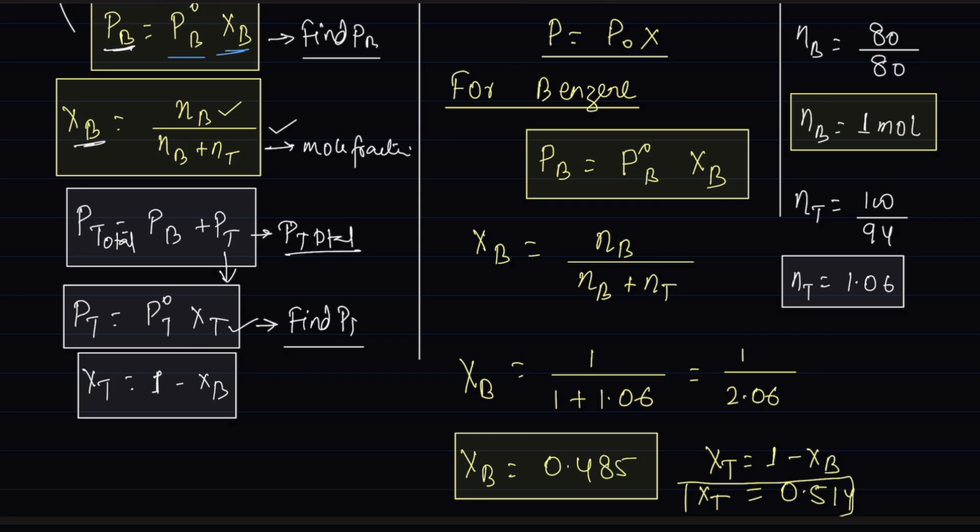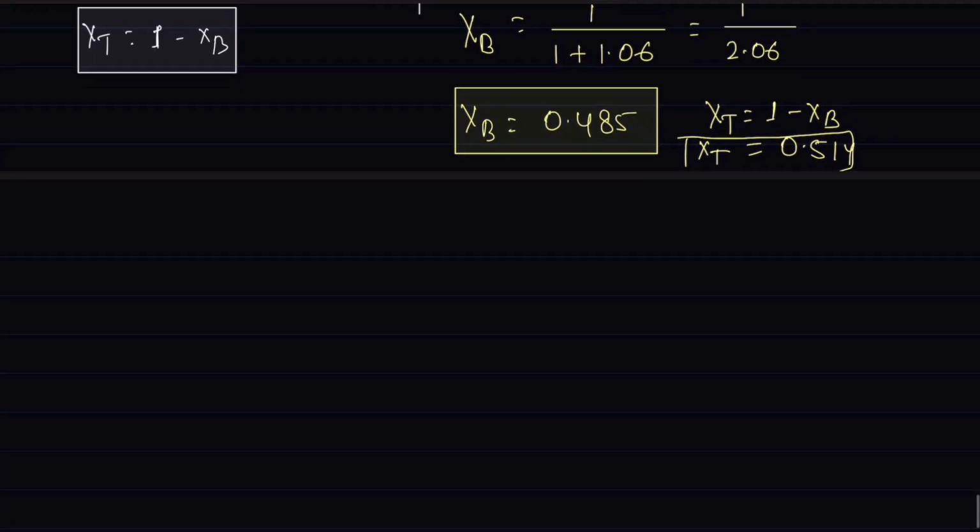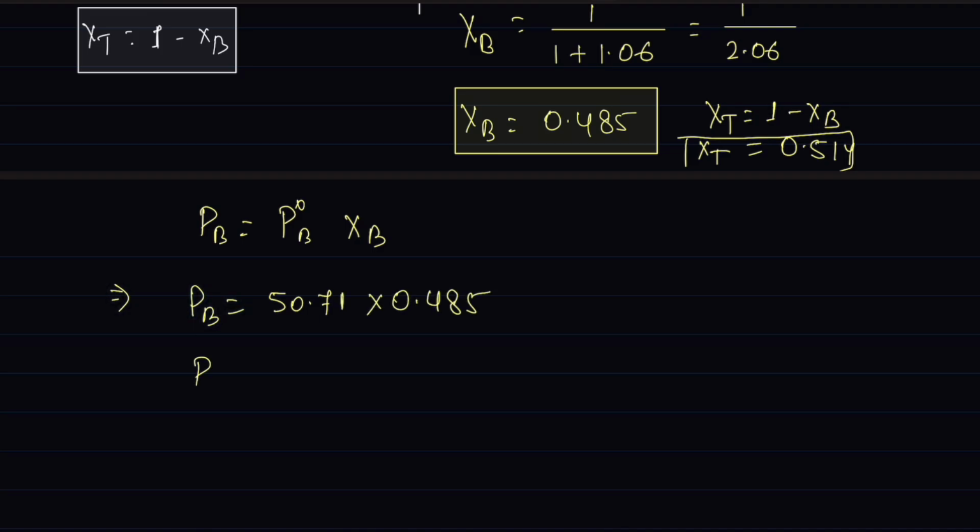Now we have the mole fraction of benzene and toluene, so we can substitute these here and find the values of PT and PB, applying Raoult's law. For benzene, PB is equal to P naught B into XB. P naught B is 50.71 and the mole fraction we just got is 0.485. So PB is equal to 24.594, approximately 24.6 mm of Hg.